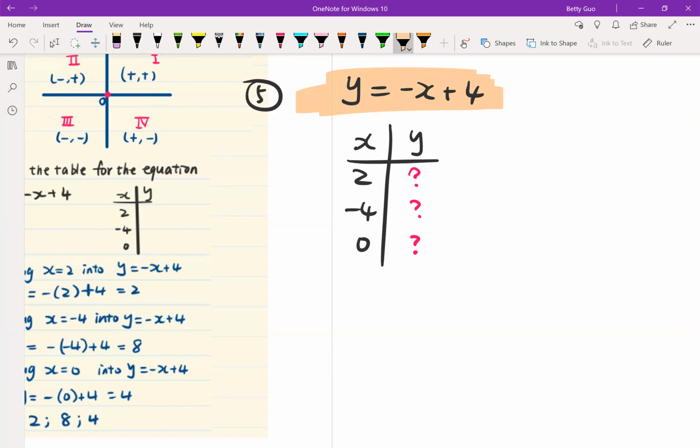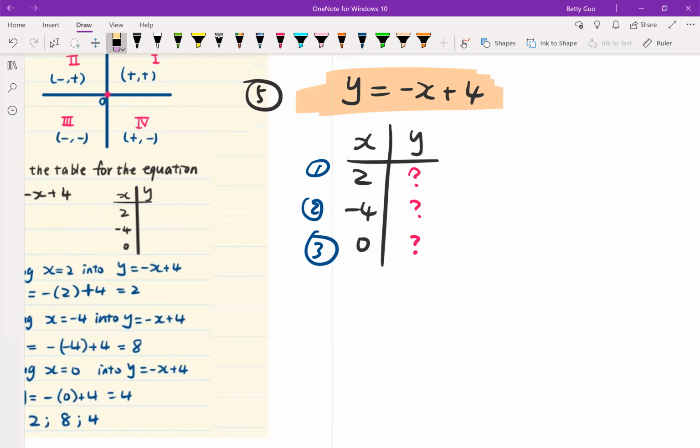So what we're going to do is find the corresponding y value for the given x value. We just plug in. Let me label those as 1, 2, 3. So in order to find the value of y that corresponds to x equals 2, we just plug in.